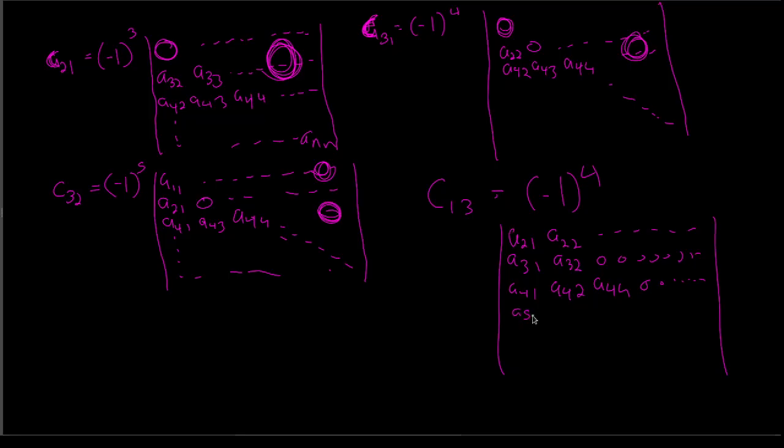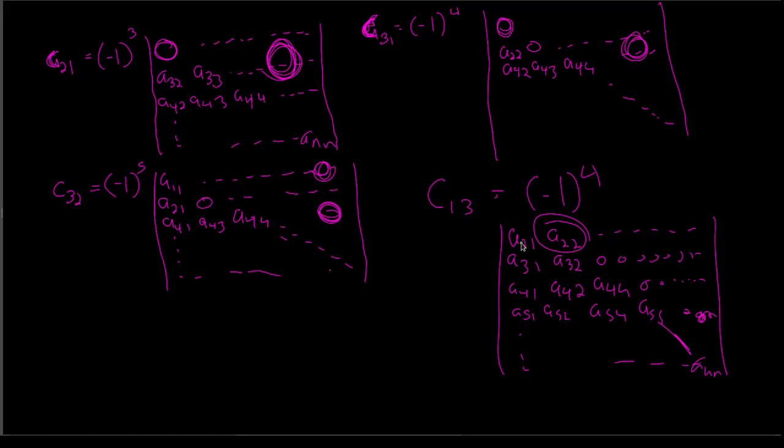A51, A52, A54, A55, all zeros from here. So I get a diagonal being made with an extra value popping over. And I'll continue getting this diagonal being made if I work it across.